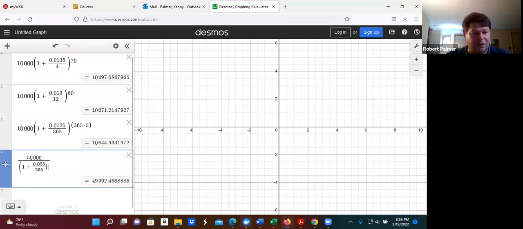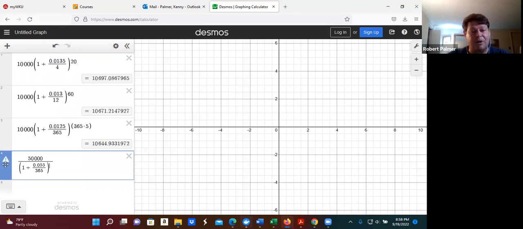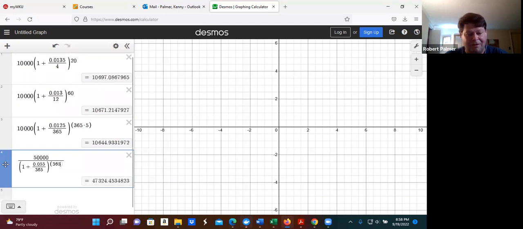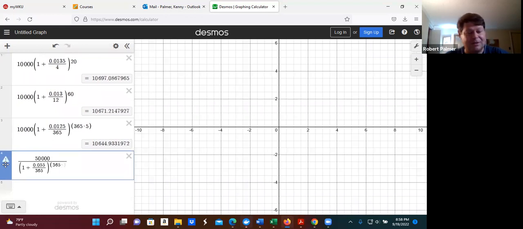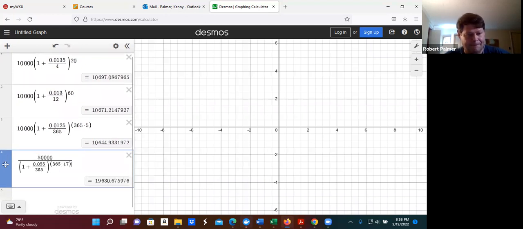Close the parentheses. Use an exponent, which is just the exponent in the denominator, and that's going to be, in parentheses as well, 365 times 17. If you notice, it looks just like we showed it there.